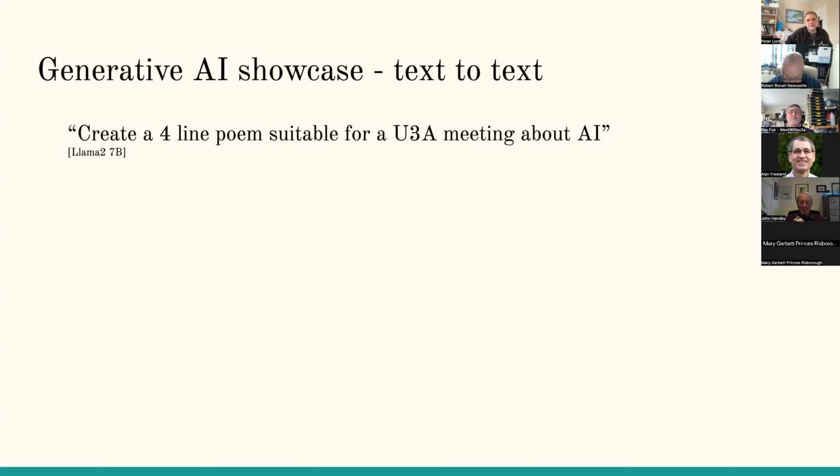So generative AI is really all about asking a question with a piece of text, or what is called a prompt. When you're using these systems, you type something in and you get a response back. So what you type in here is what's called a prompt. And in this case, this is a generative AI that I'm using. I've typed in, create a 4-line poem suitable for a U3A meeting about AI.